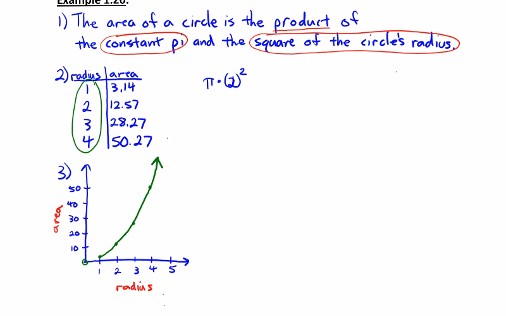So I'm going to put an open circle there just as a placeholder for me to then connect the line the rest of the way to represent all the other areas that would go with radius values that are between 0 and 1. And I'm going to label this as capital A.